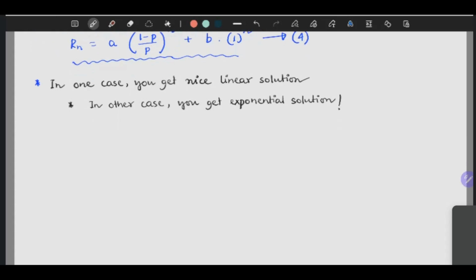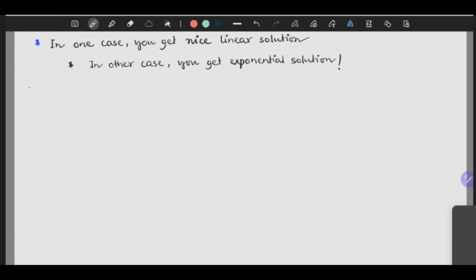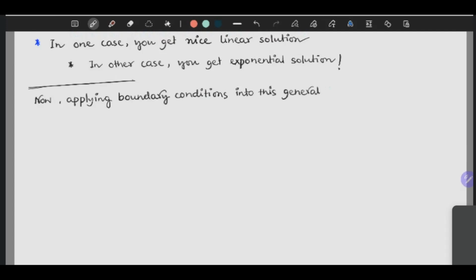Okay, so now applying the boundary conditions into this general form of the solution, you can get a linear system of equations.